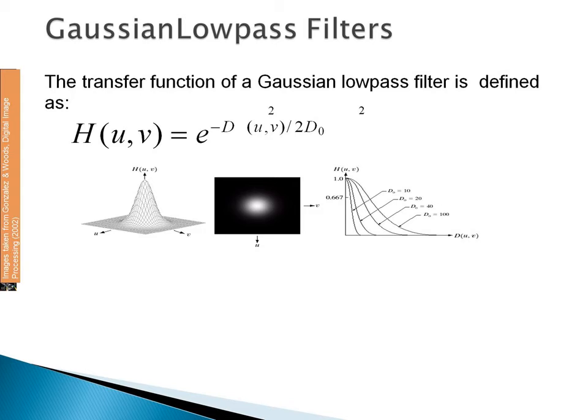In B, we have the filter display as an image, and in C, we have the filter radial cross section for various values of d naught, when d naught is equal to 10, 20, 40 and 100. You can make out here the 0.607, that will be the value we are going to get in the Gaussian low pass filter for these values.